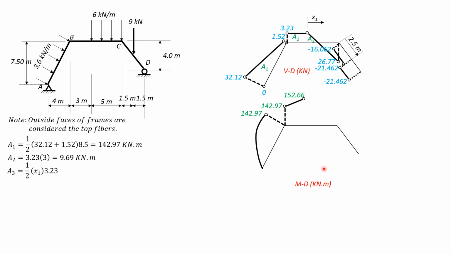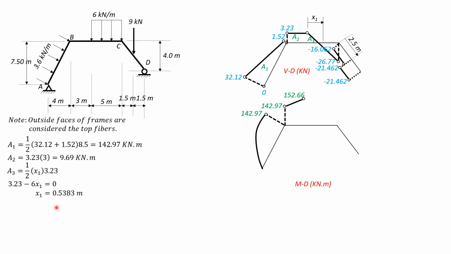So area 3 therefore is 1/2 of x1 times 3.23, or shear equation is 3.23 minus 6 times x1 equals 0 shear.